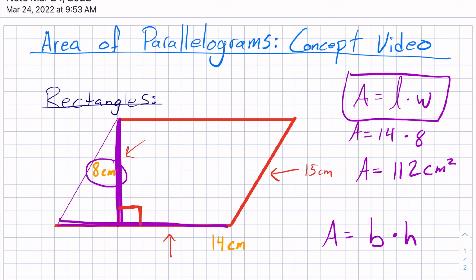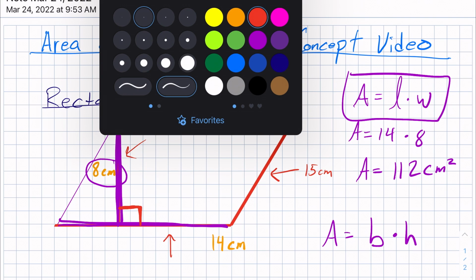Base and height always make a 90-degree angle when they're together. So you're going to be looking for where is my 90-degree angle, which you can see is made by that 8 and that 14.